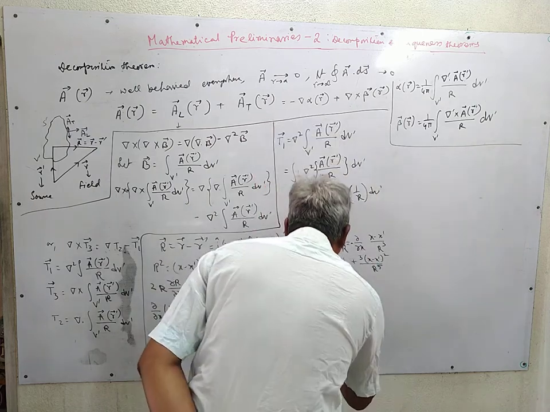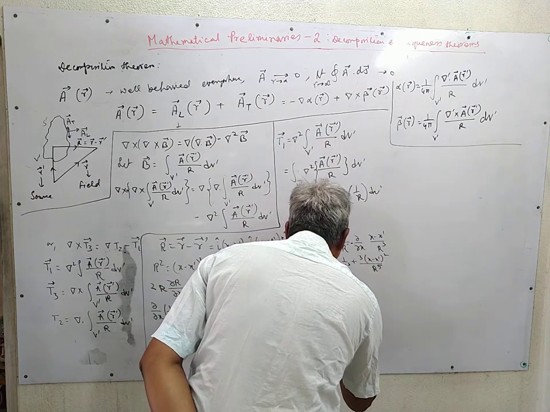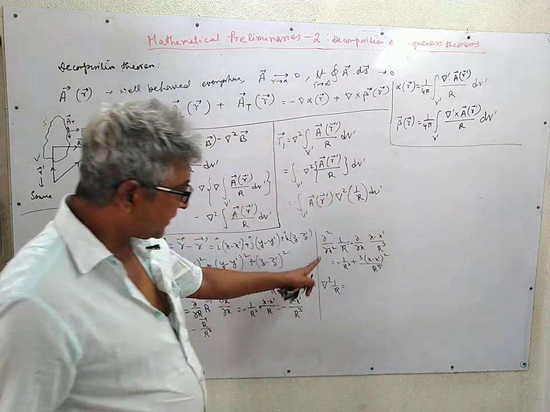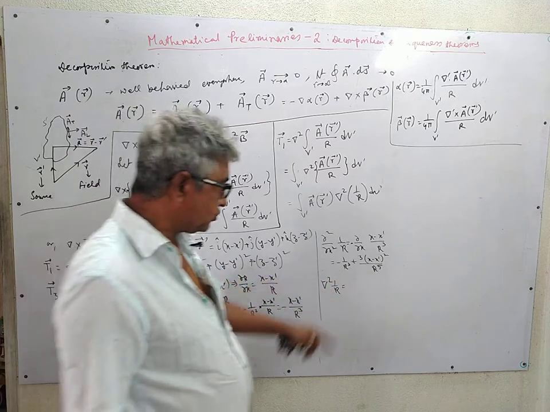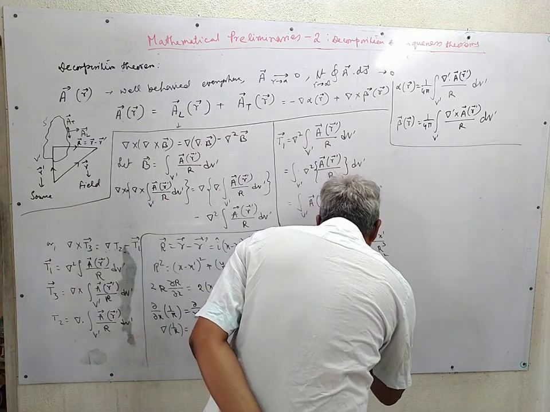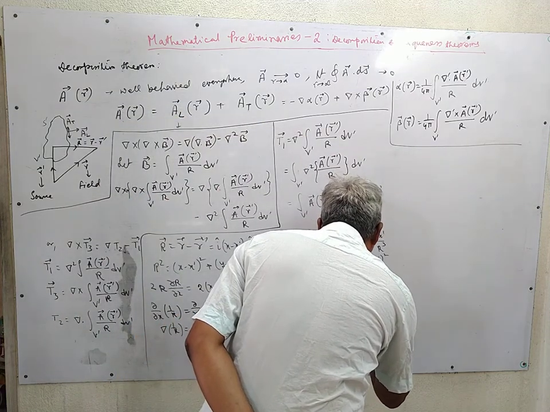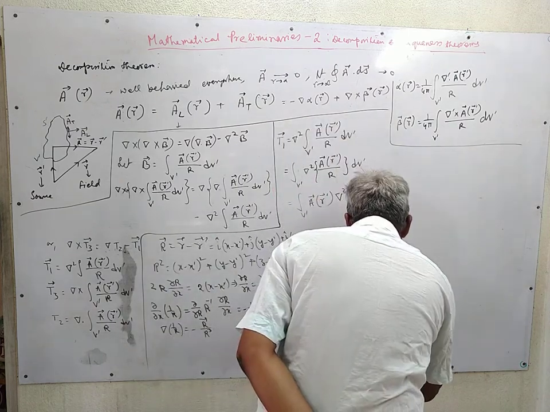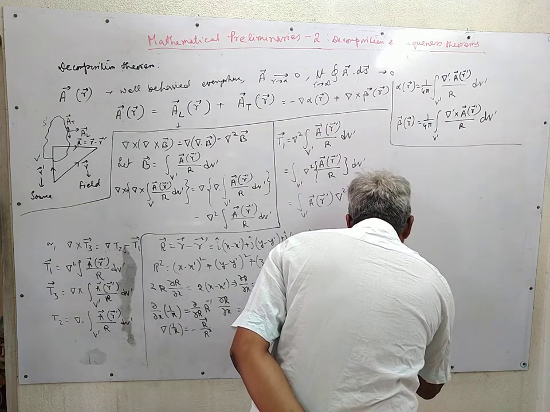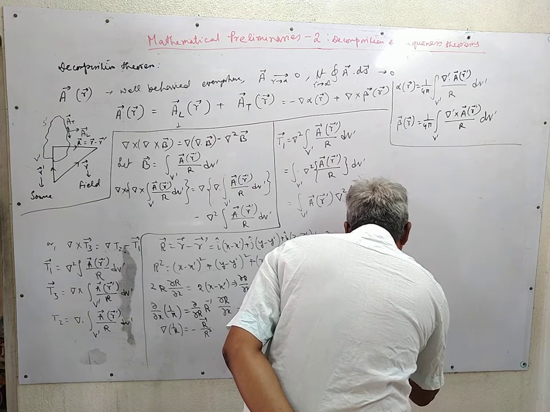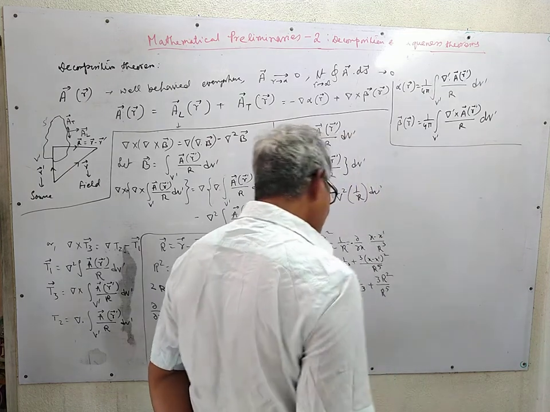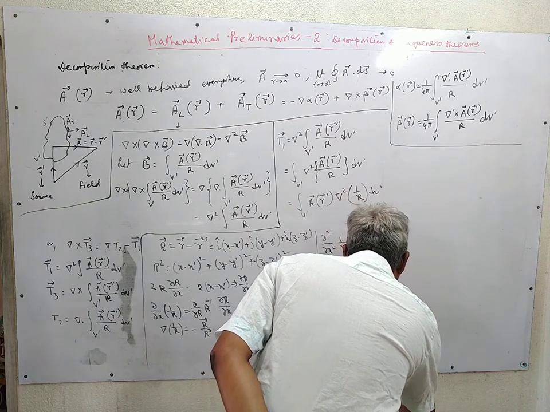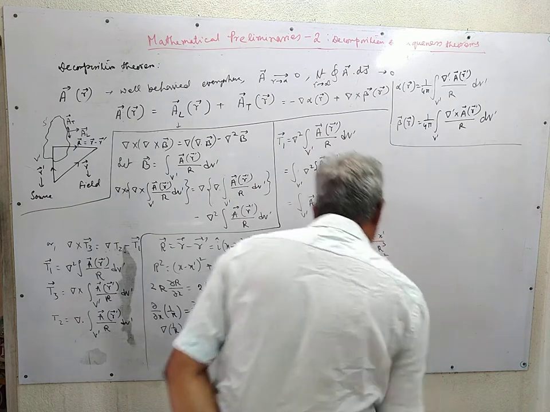We have to add two more such components, so this will get minus 3 upon R cube from there, and this term will be added to 3R square by R to the power 5. This is equal to 0 if R is not equal to 0.